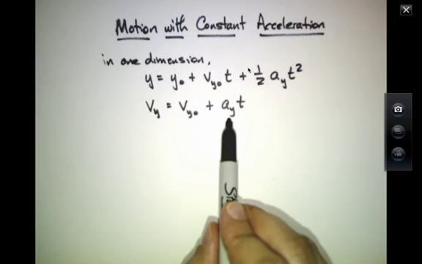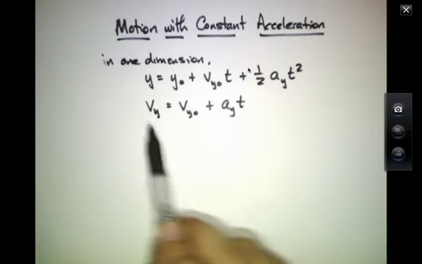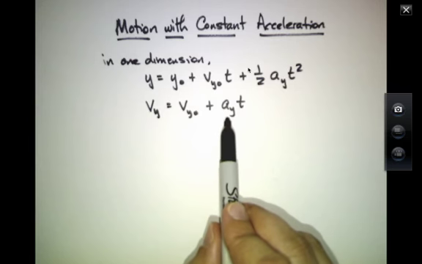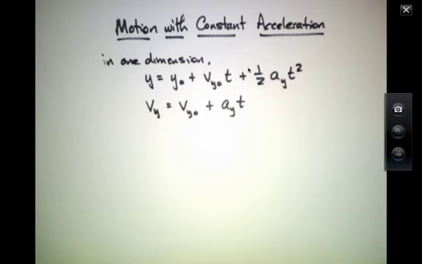If the sign of this acceleration was positive, then the speed vy would continue to increase linearly with time. If the sign of this acceleration was negative, it would decrease linearly with time.